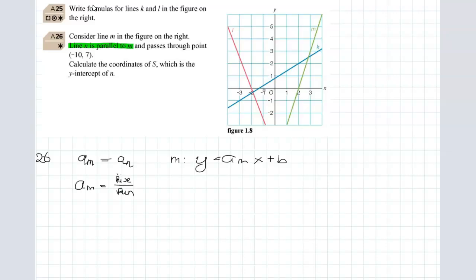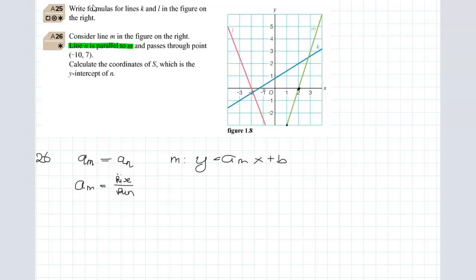So if we take a look at the graph here at the right, we're just looking for two grid points that can easily be read from the graph. For instance, this one here below, and here we have another grid point.